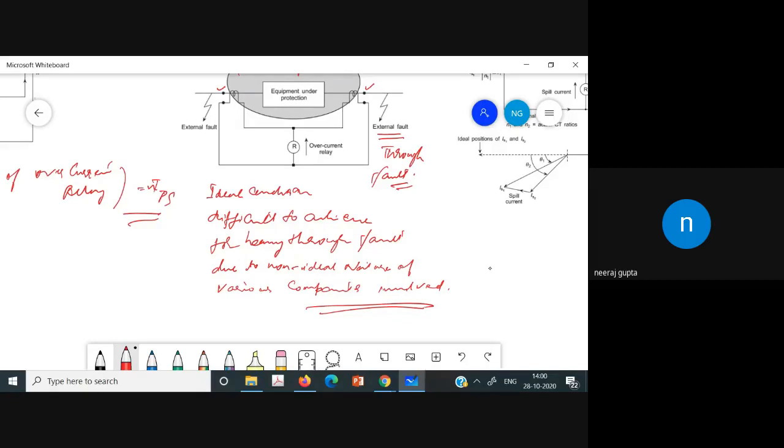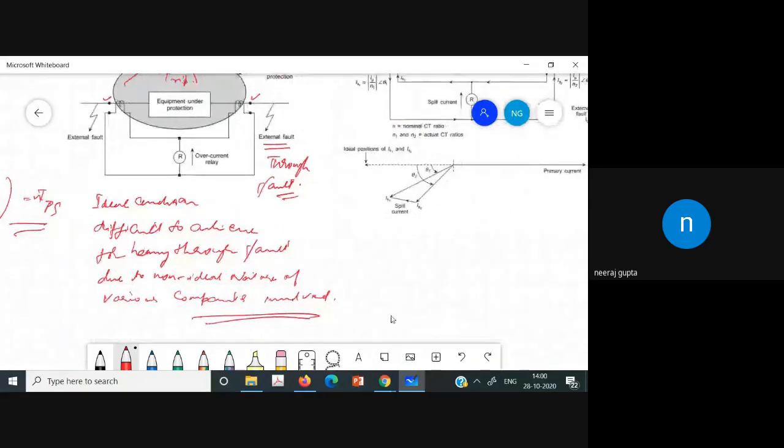Now we can discuss the actual behavior of a simple differential relay. So this is the ideal condition and nothing is ideal, so we have to discuss what the actual behavior of a simple differential relay is.